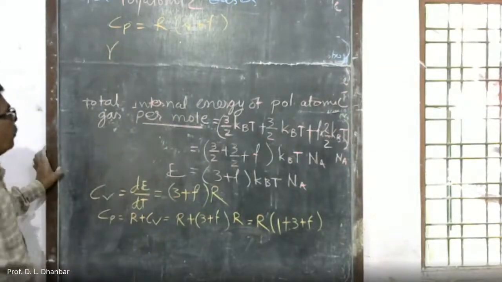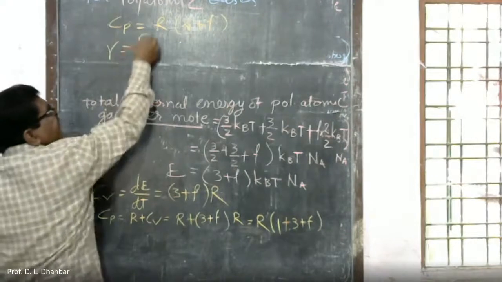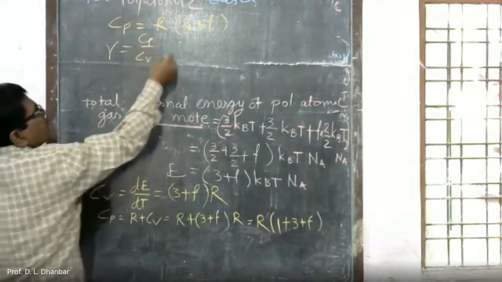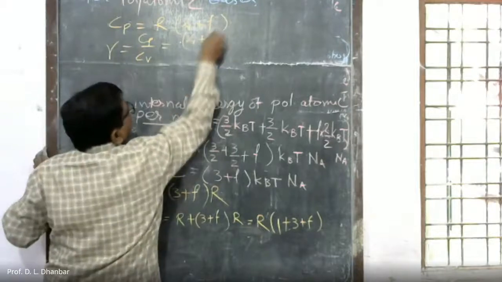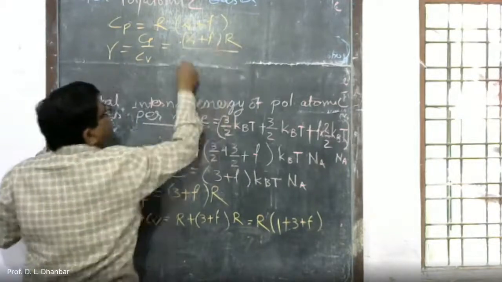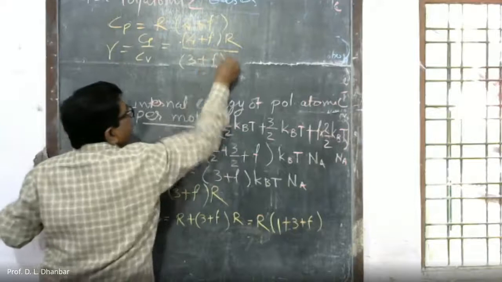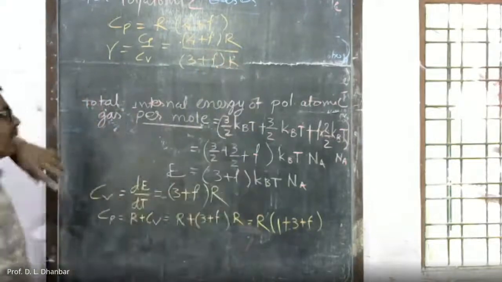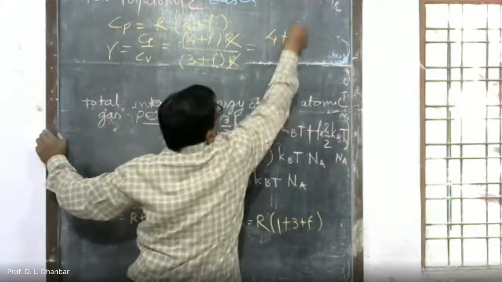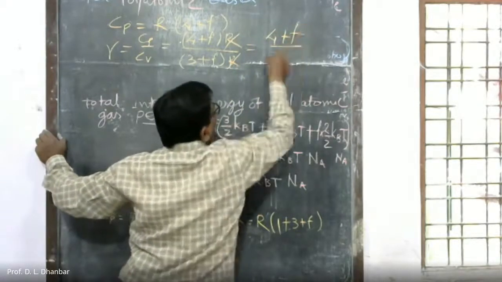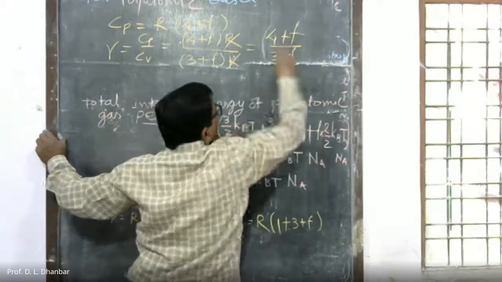The ratio of the two specific heats is given by Cp by Cv, which is equal to 4 plus f into R divided by 3 plus f into R. R will get cancelled and you will get 4 plus f divided by 3 plus f.